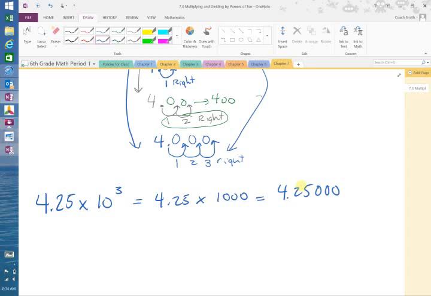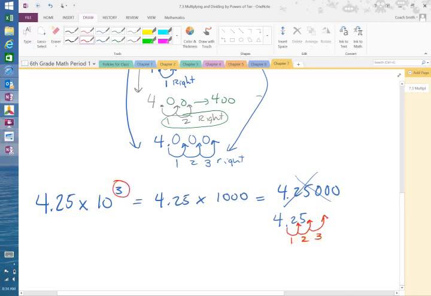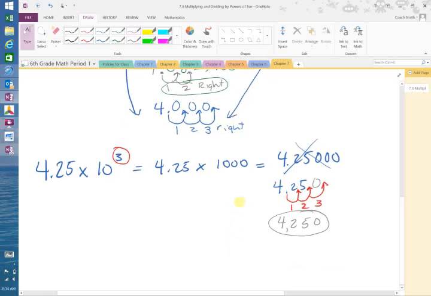So that would not be correct. Instead, once, twice, 3 times, add a 0 because I have to at the end. Now that number, 4,250, is a different number. So that's what you're really doing when you're multiplying by a power of 10.